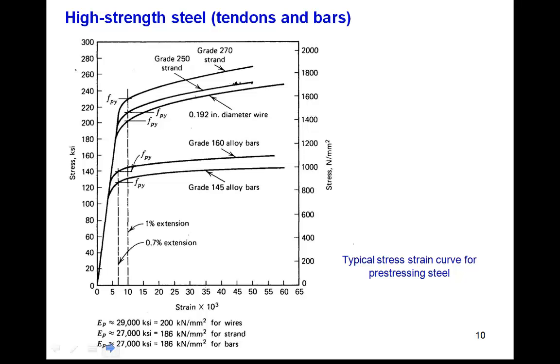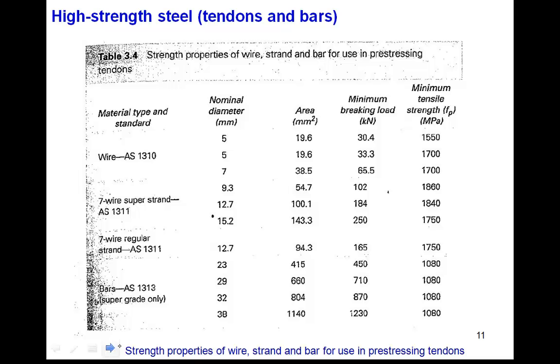And as you can see here, the stress and strain curve for the pre-stressed tendons and bars, the tensile strength of these pre-stressing wires is much higher than the 500 megapascal steel that we use for reinforced concrete structures. This table also shows the diameter and the tensile strength of different wires and bars that we use for pre-stressing.